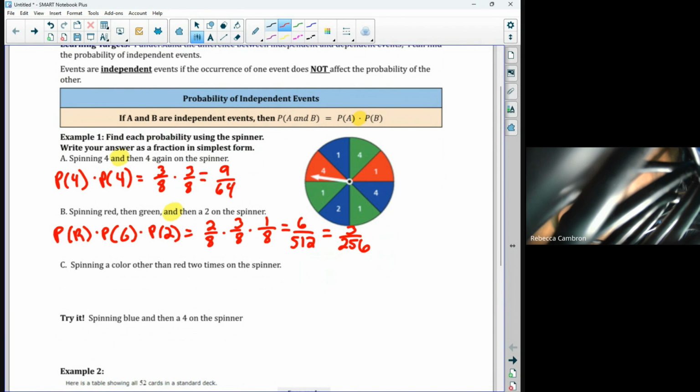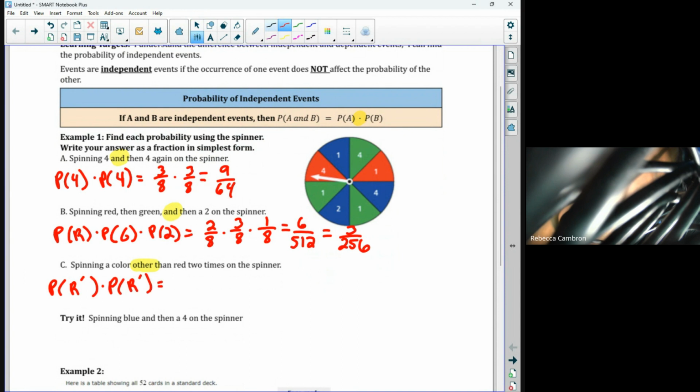Probability of a color other than red 2 times on the spinner. So make sure you read carefully, other than red. Remember the other day we talked about complements. Other than red is R prime. That's the complement, and we're doing it 2 times.